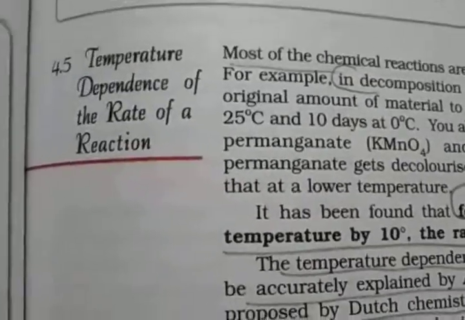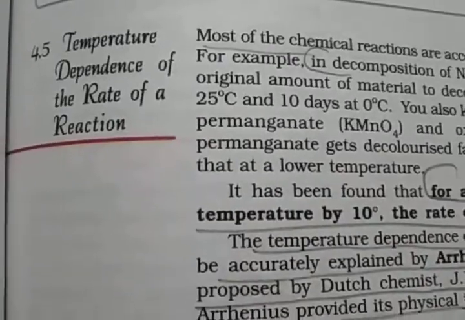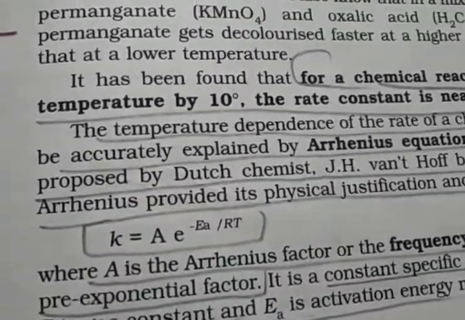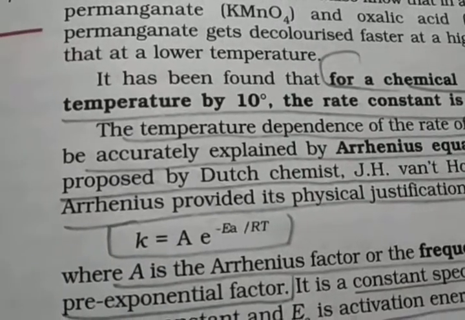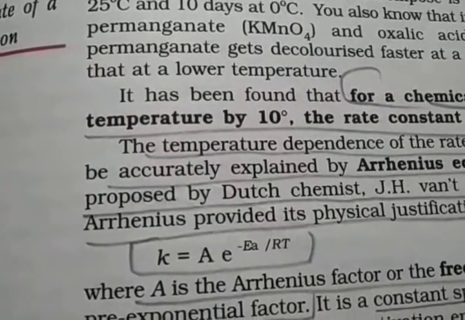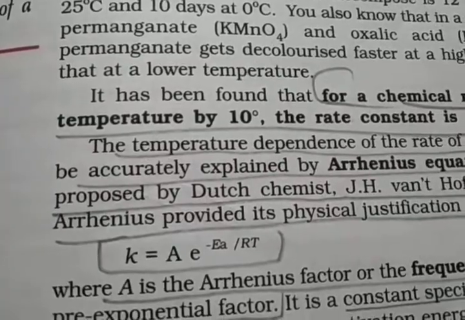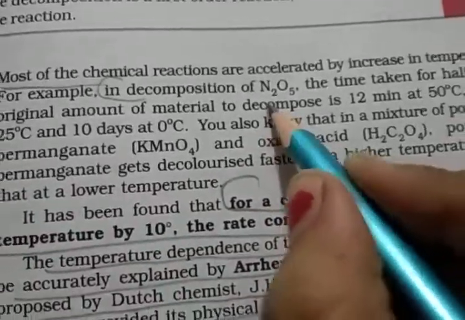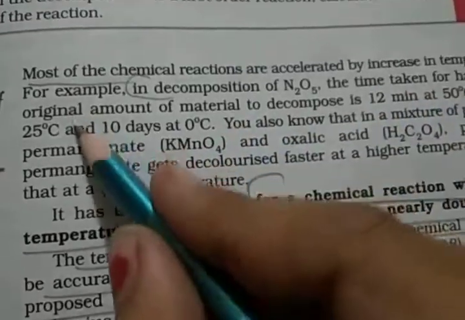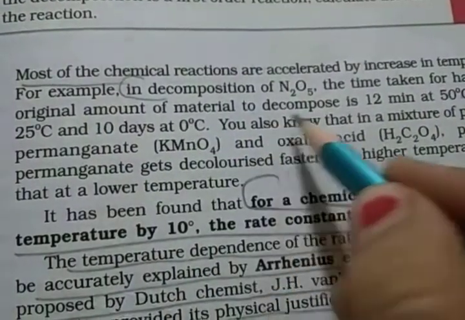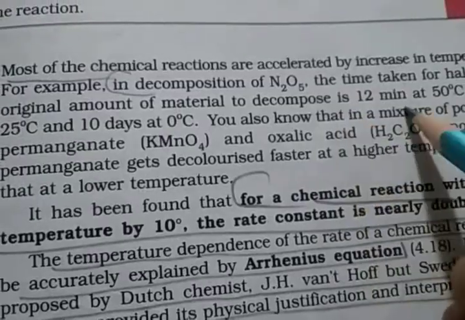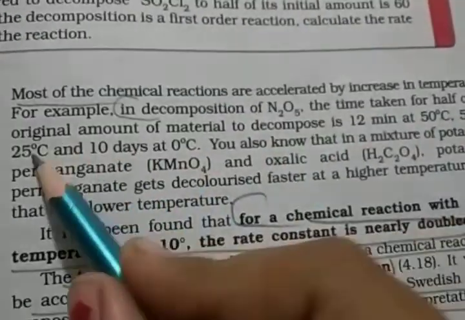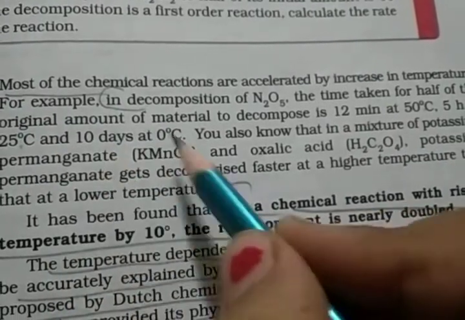Next topic is temperature dependence of the rate of a reaction. You already know that chemical reactions are accelerated by an increase in temperature. For example, in the decomposition of N2O5, the time taken for half of the original amount of material to decompose is 12 minutes at 50 degrees Celsius, 5 hours at 25 degrees Celsius, and 10 days at 0 degrees Celsius.